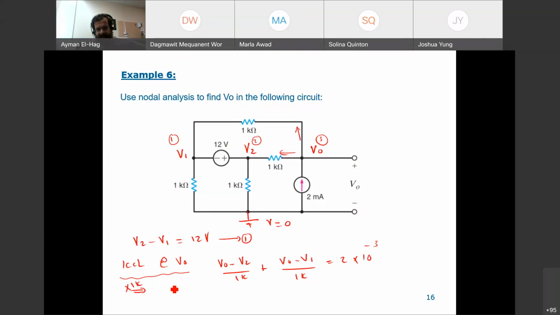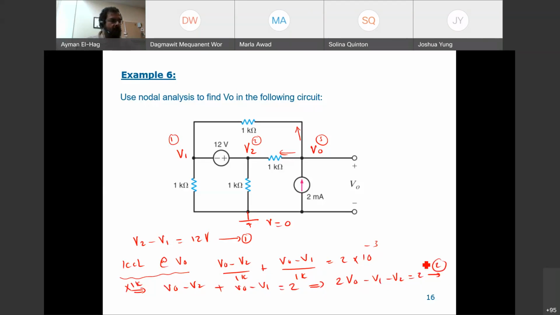So this becomes V0 minus V2, because the K will cancel, plus V0 minus V1, equal to 2, because the 1000 times this will cancel. So we will have 2V0 minus V1 minus V2 equal to 2. So now we have our second equation.